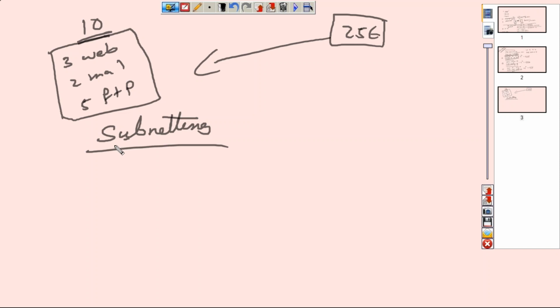See, with private IP addresses, we don't really care, right? You can take a class A range and you can have 16 million and you can do whatever you want with it. But when you're talking about public addresses, they are at a premium, right?